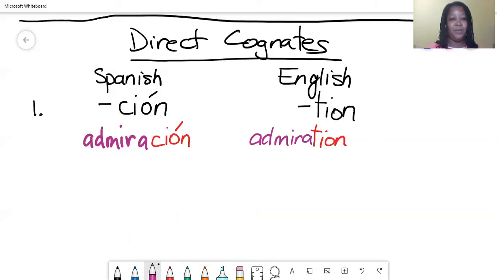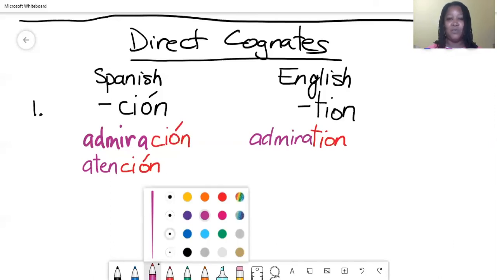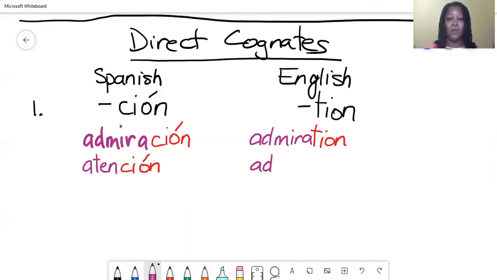And after a while, you're going to begin walking around, finding these words on your own and recognizing the relationship between them. Oh, we're looking at AT, not AD.